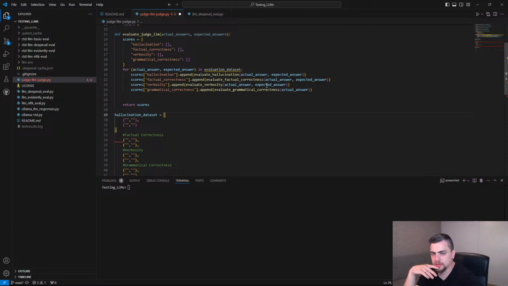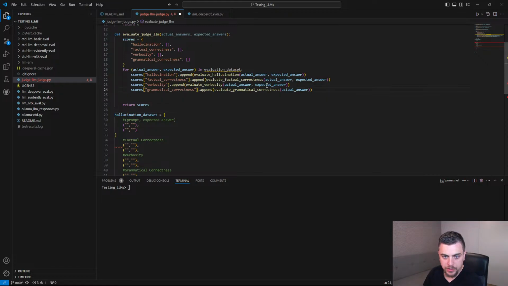The expected answers. Yeah, oh, of course, that's not the correct way, because in this tuple I should take notes or make some comments. So the first is the prompt, and the second one is the expected answer.